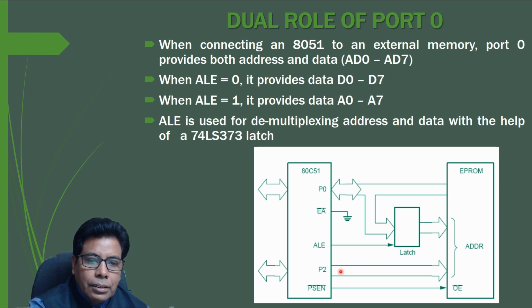Then port 2 is used for the external higher order address bus, so that is also shown here. So in this way we can have the dual role of port 0.